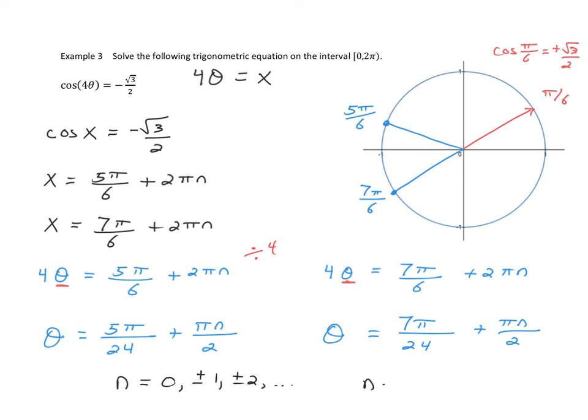I think there's no way we can let n equal -1 or -2. The second you put a negative number here and here, we're going to be lower than 0. So I'm just going to start with 0 itself, and then check +1, +2, +3, and I'm going to see which of those angles leave me in the interval from 0 to 2 pi.